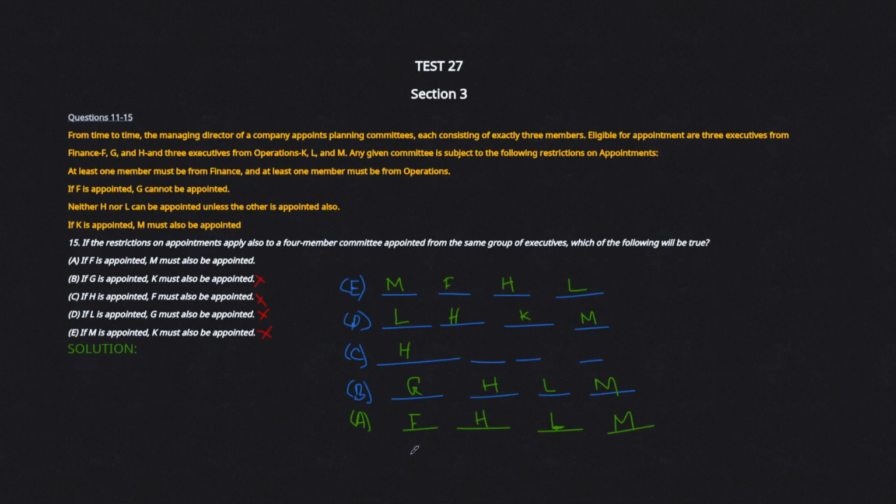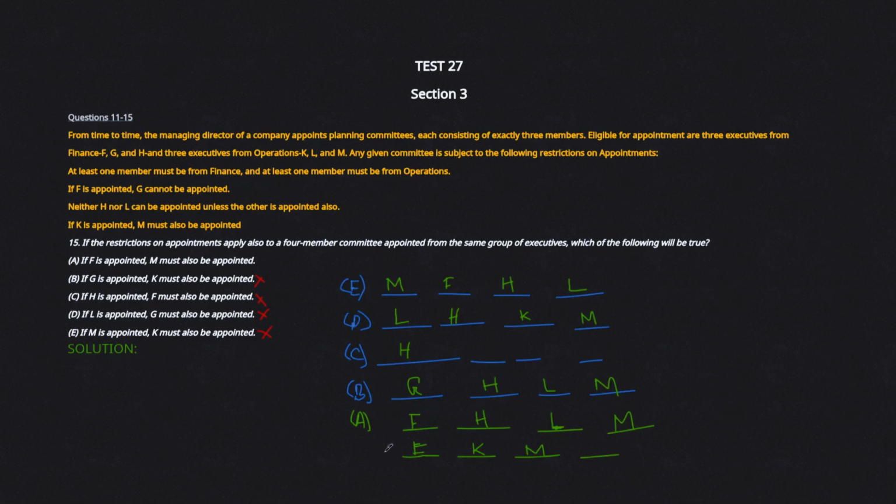You can see another version of it. Appointed F, and then I've appointed K. If I've appointed K, I've appointed M, and if I have appointed M, then I cannot appoint anything else here because if I appoint H, then I also have to appoint L. So there's only one space left, but I need to fit two different executives here.